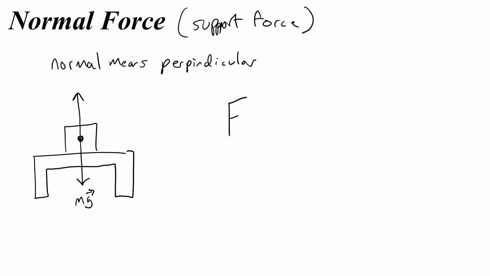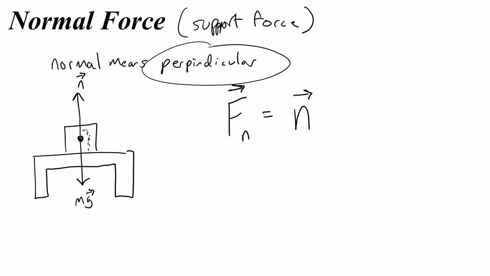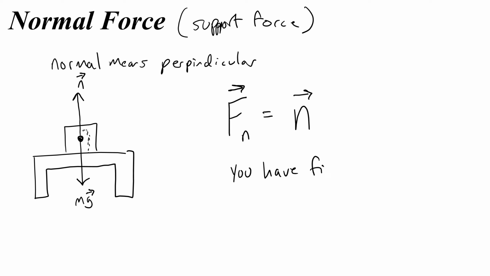We can say F little n, but I'm actually going to call the normal force N, just so that we're writing less. And you'll notice that the normal force is perpendicular to the surface that is holding the object up, which is why we call it a normal force. Now, the normal force is often something that you have to find. Okay, so you normally, that's funny, you normally have to find it.